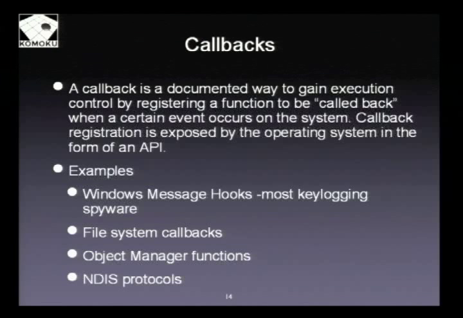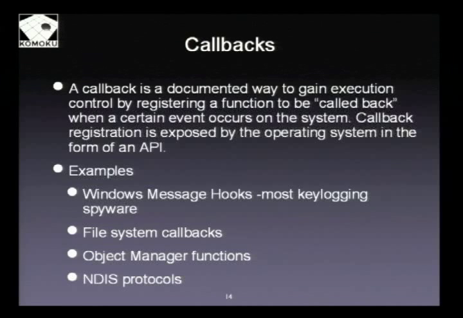There's object manager function callbacks. We won't go into too much detail about those. They're pretty low level, and they're not actually exposed through a nice API to you. The protocol callbacks are more or less function callbacks where you can say, hey, I have my own protocol that's going to talk on the network, and therefore when a receive happens, I need to get called back when that transpires.